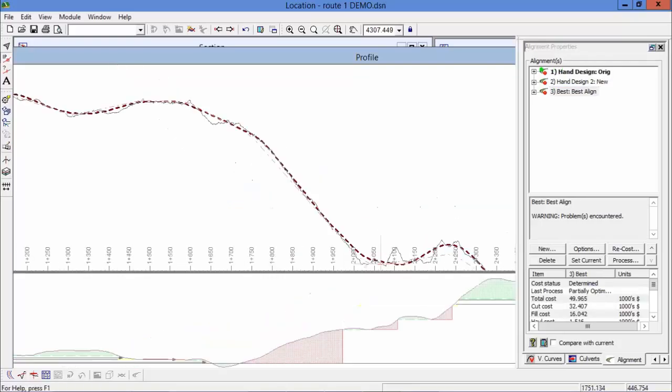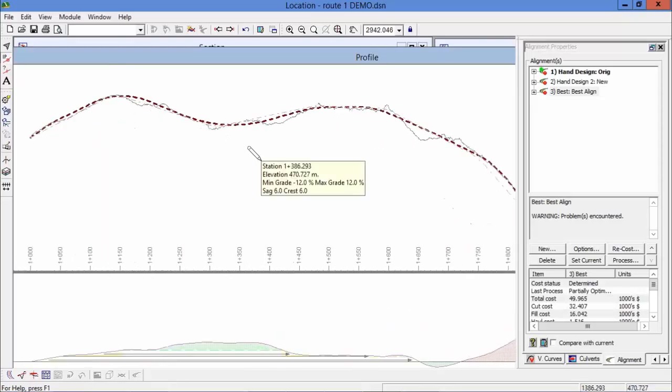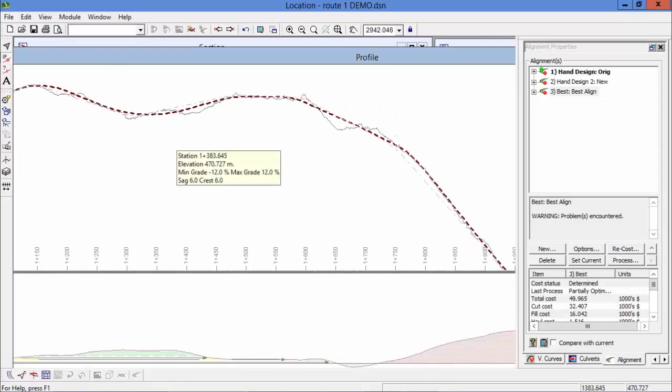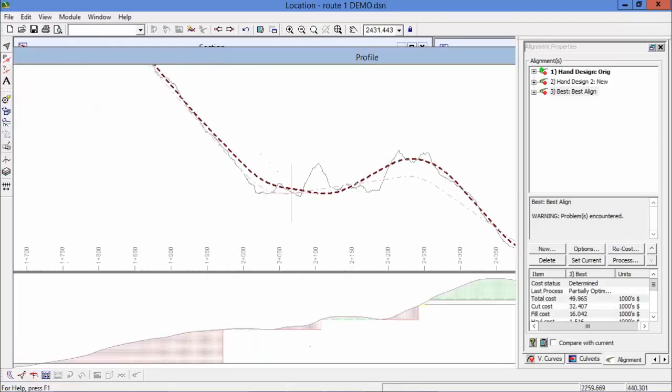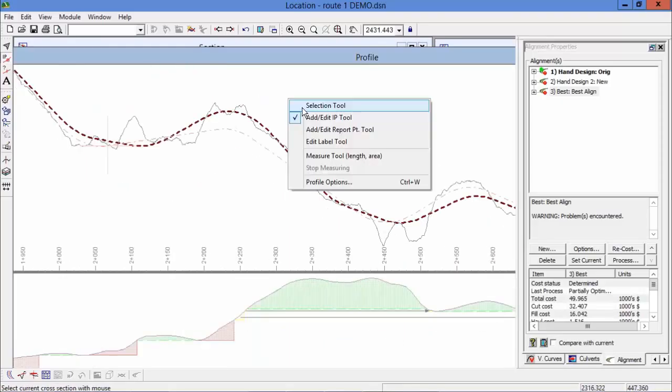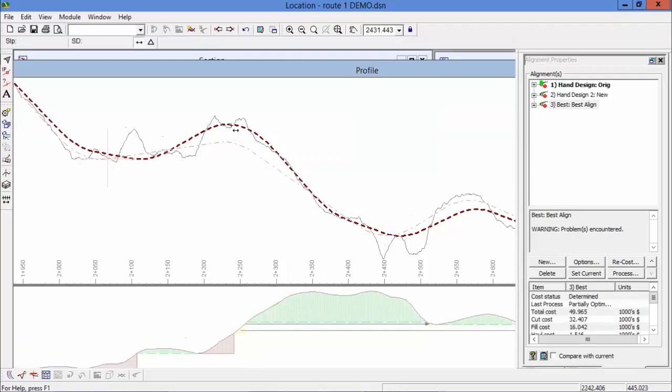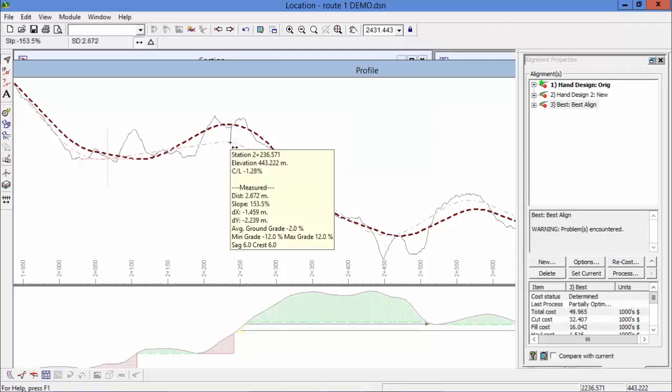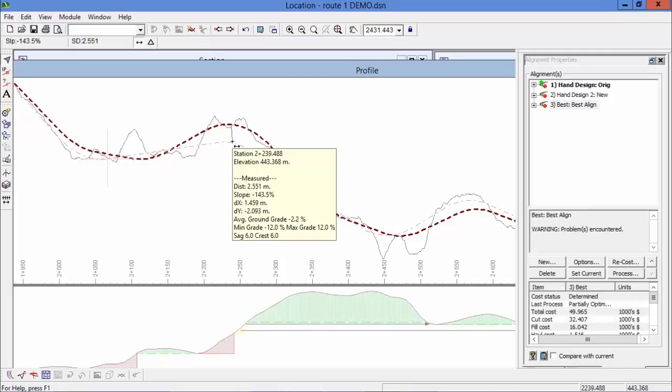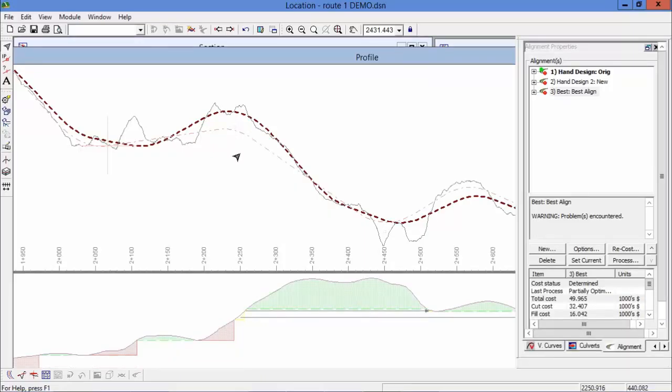What is very interesting here is, if I browse along the alignment, and I think this is a really important message I want to send, the alignment actually looks very, very close. The biggest difference is probably here. If I measure it, that is 2.6 meters, but that's only at this location. So the alignments are pretty close, but this makes a pretty big difference in terms of the cost.